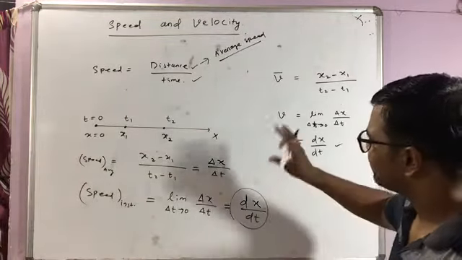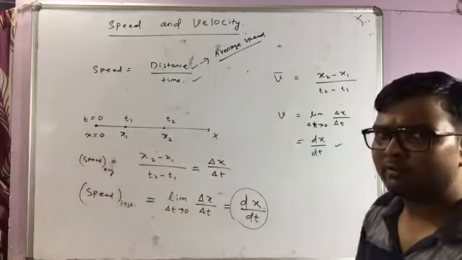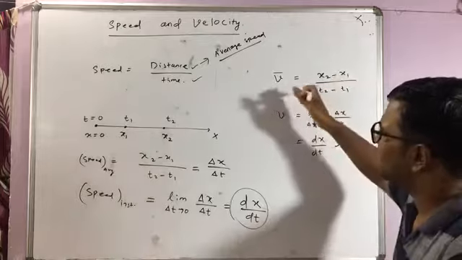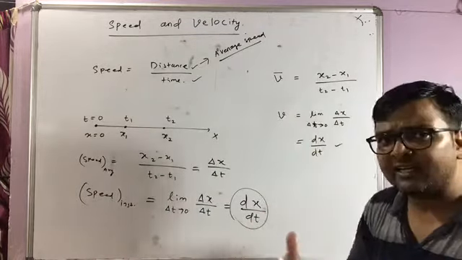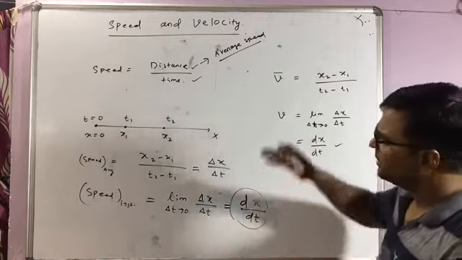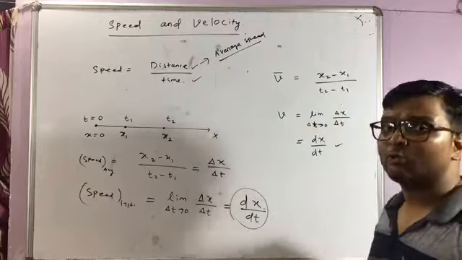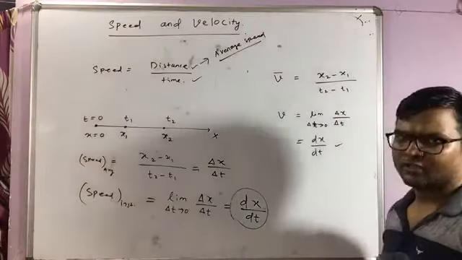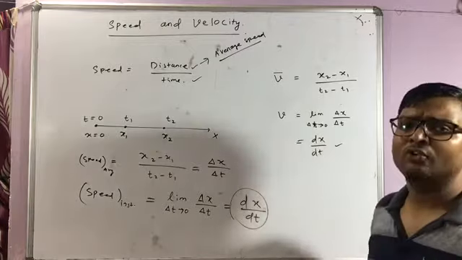So because of that, the two things are different. We will elaborate on it in the chapter on vectors, where velocity will be dealt with in a specific manner using vector equations. There we will see in which way it is different from speed.